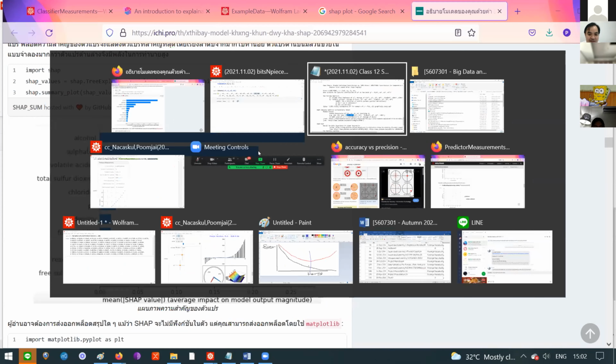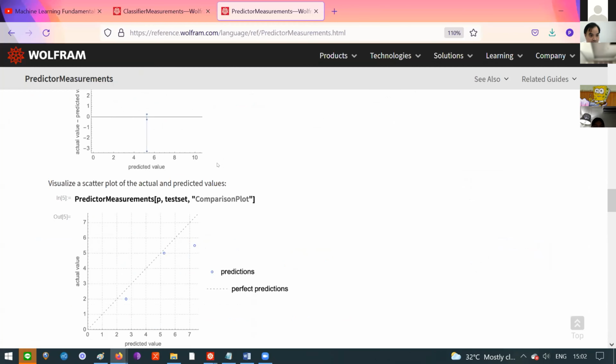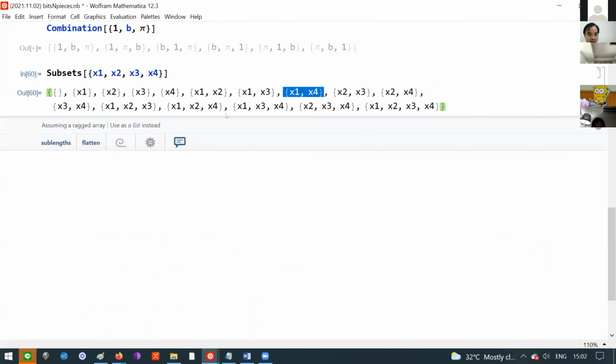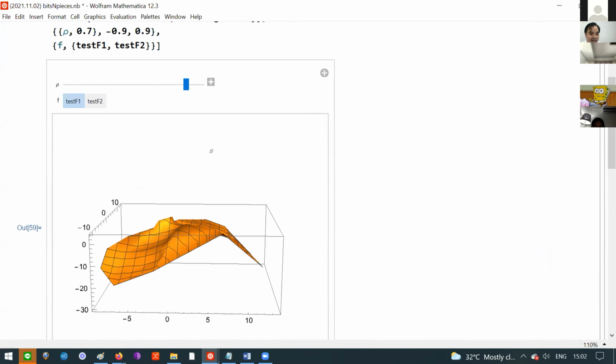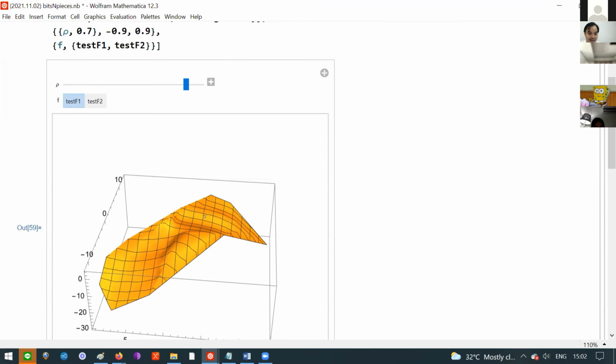Okay, so you can think of it as if there's no model, this is a flat line. Because there's a model, there's a variation in y.